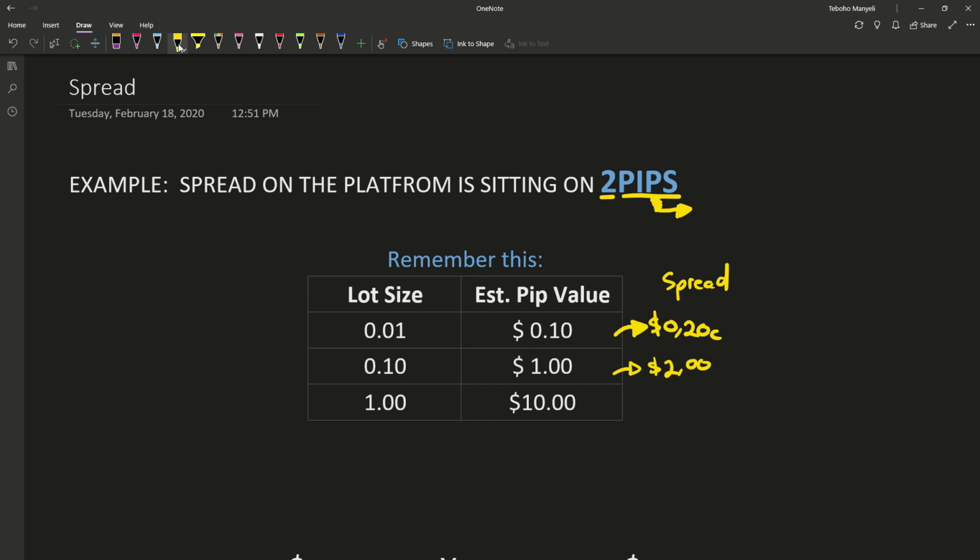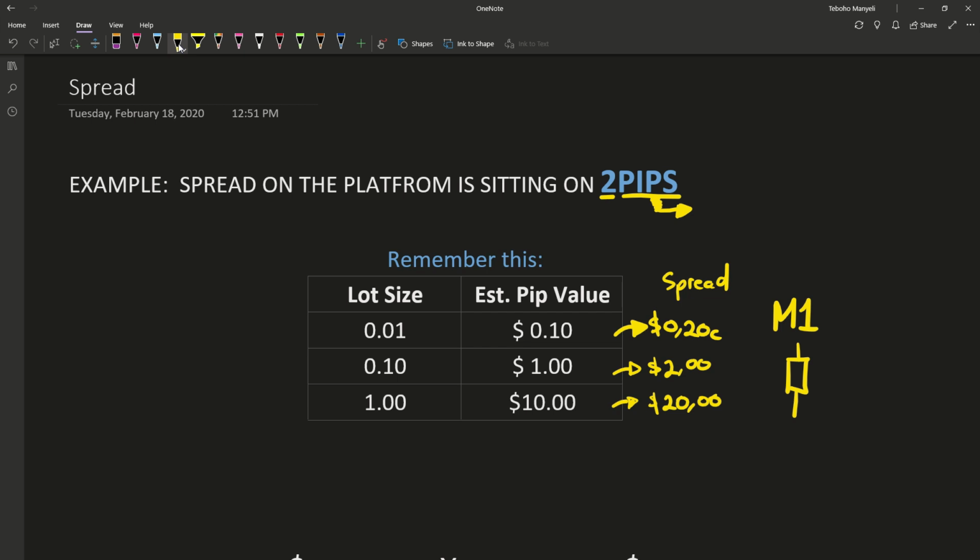And if you use a 1.00 standard lot, you'll then use up about $20 on spread. Now, spread can be covered in literally a 1 minute candle. So one 1 minute candle is usually enough to cover for the spread that you are paying for.